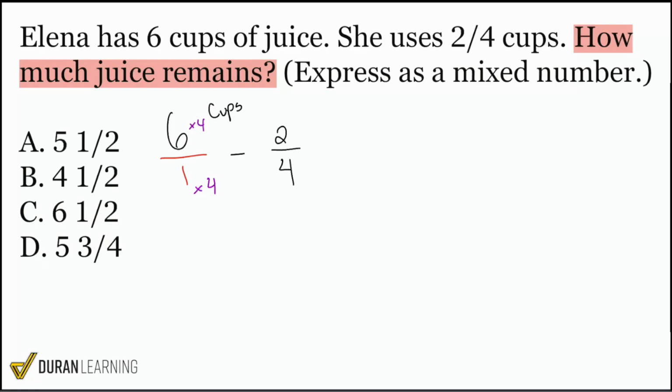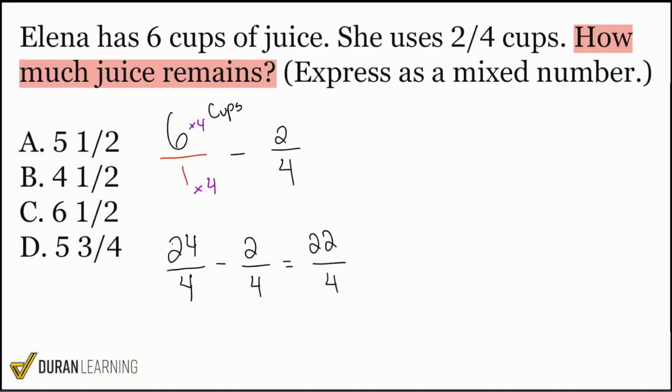Multiply by 4 there and there, and now we end up having 24 over 4 minus 2 over 4. Now we can subtract because we have the same denominator. 24 minus 2 leaves us with 22. Perfect. Keep the same denominator, over 4.